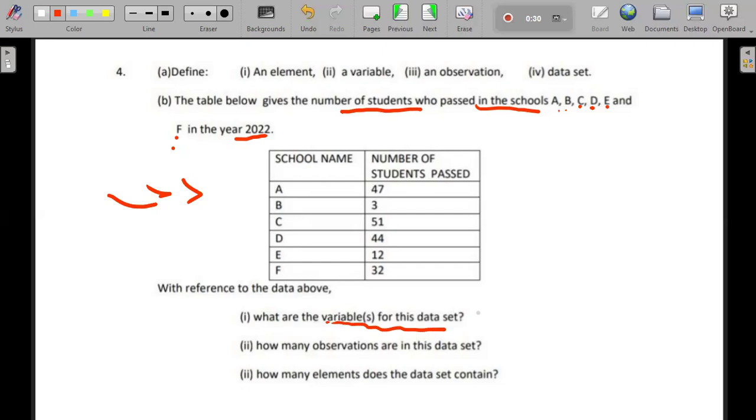What are the variables in this data? Anyone? This is the data here. So what are the variables? Come on, guys, what are the variables from this table?